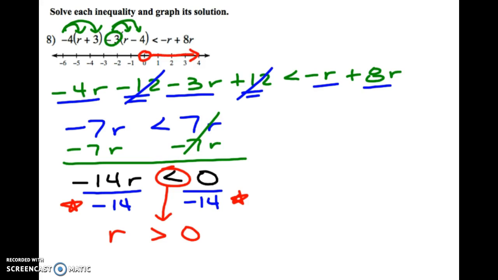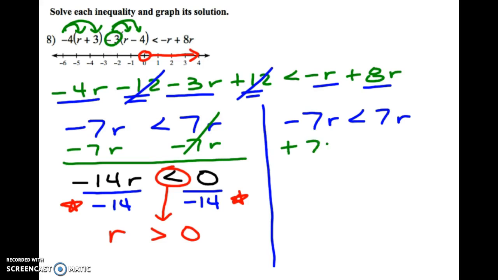Now, for those people who may have doubted what we were doing, let's backtrack and take a look if we'd done it the other way. So let's say instead of subtracting 7r from the right, we'd added the 7r to the left. We still can't stop.